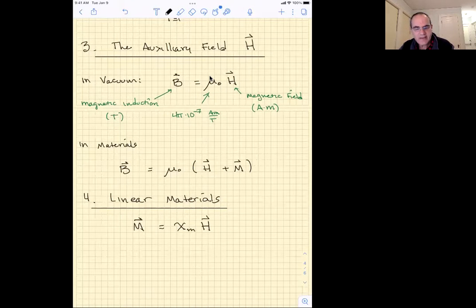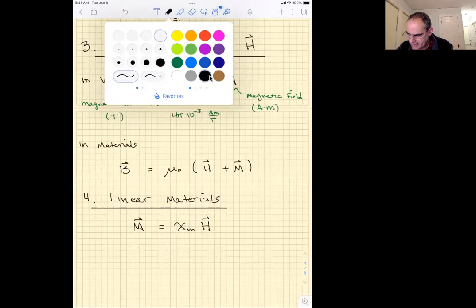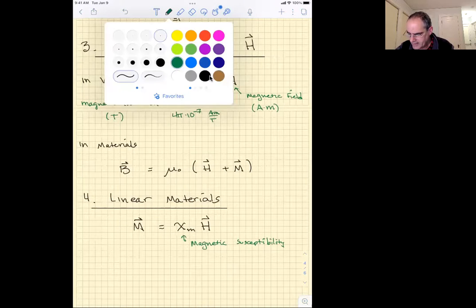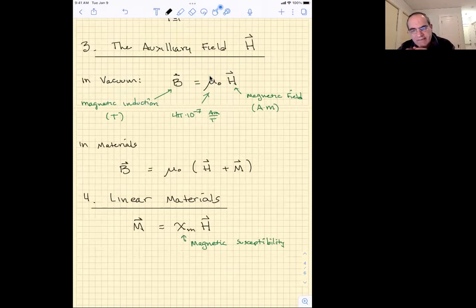So here we say M is equal to the magnetic susceptibility times H. Here things are a little bit different than they were in electrostatics.